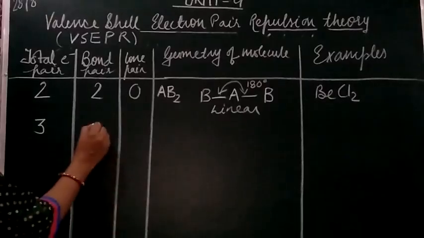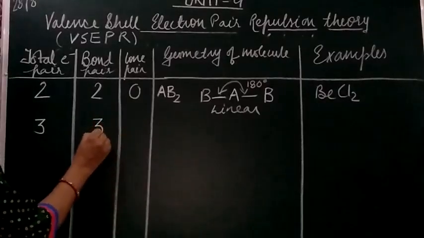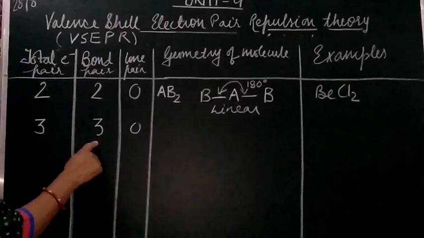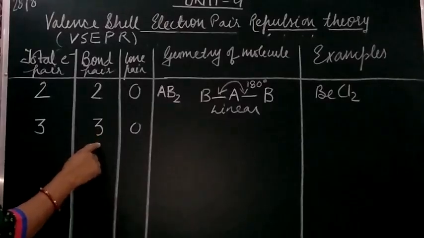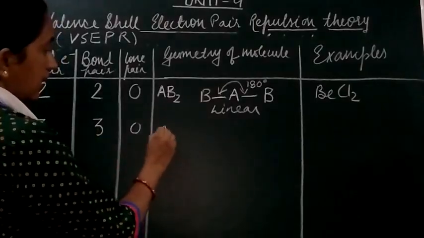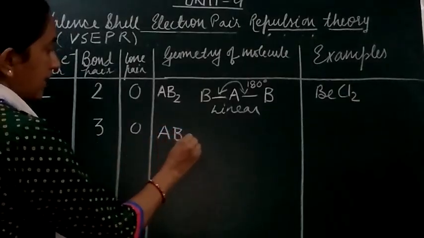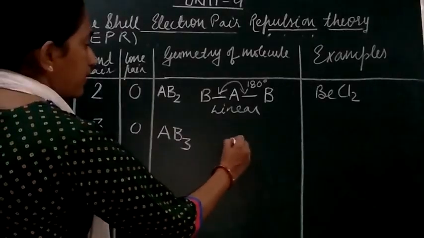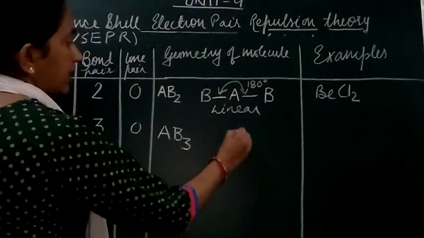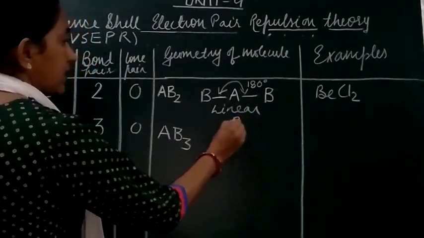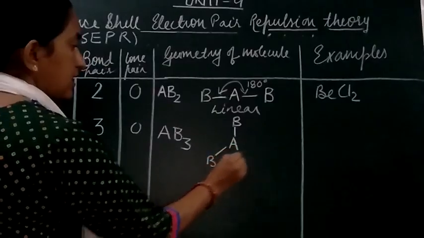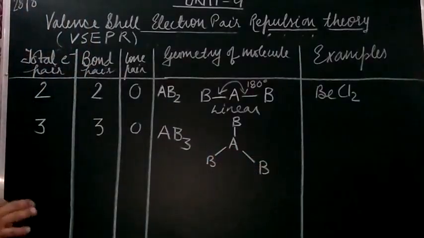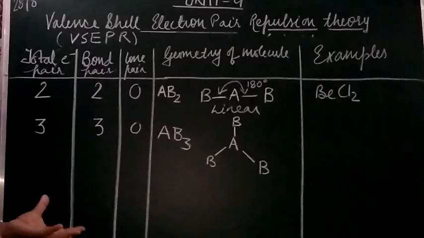The first case is that all the electron pairs are bond pairs. At that time it will be of the AB3 type. So how can the three bond pairs be arranged around the central atom so that they are at maximum distance apart?